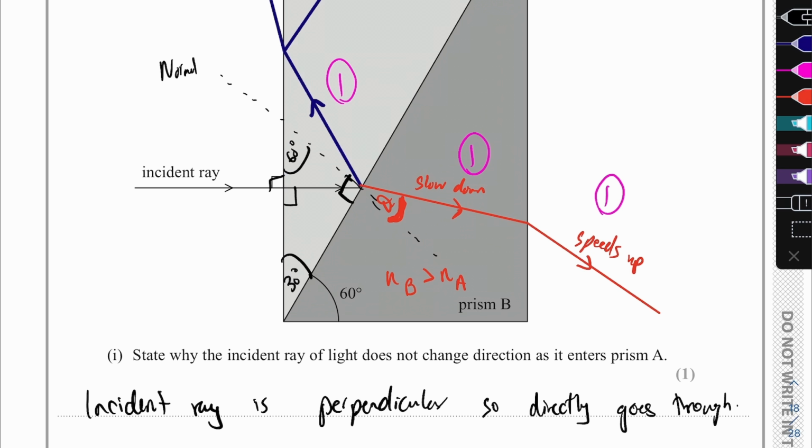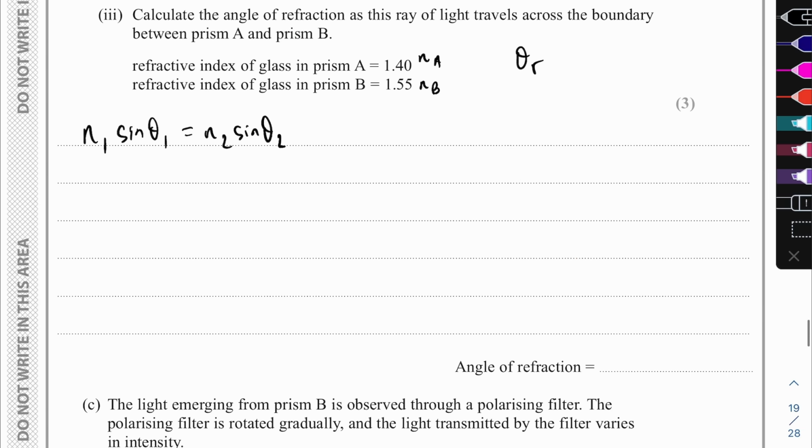And if this is 60 degrees, then this will be 30 degrees as well. So let's try it. n1 is of the glass, right? n1 is equal to nA, and n2 is equal to nB. Theta 1 is equal to 30 degrees, and theta 2 is our theta r, which we're trying to find.